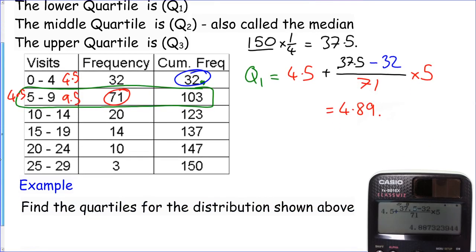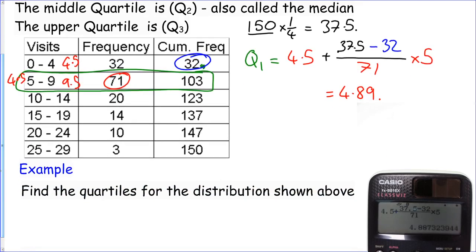To find an upper quartile, we're going to do the same thing with 3/4 of n. So we start off taking our 150 and multiplying it by 3/4, which gets us 112.5.